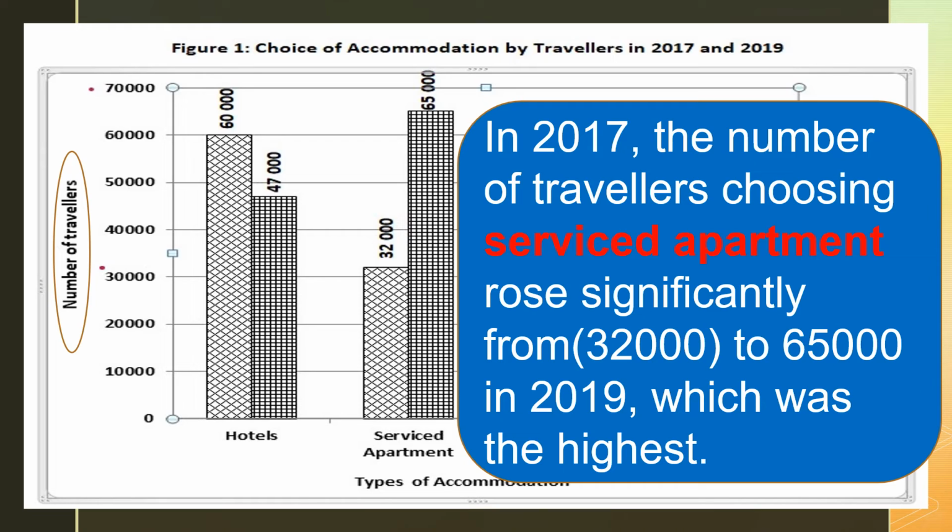In this analysis, you are able to construct two analyses because you have the word rose, you also have the word highest. I repeat, rose is a trend word. Another one is this trend word, highest. So you have two analyses for this attempt.